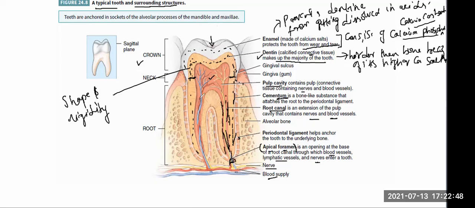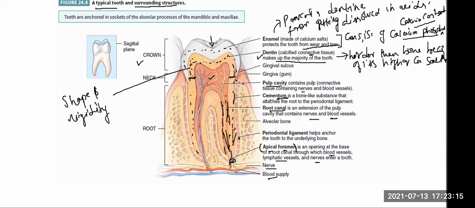If we talk about the tooth, what we have all discussed is this is the tooth, right? The upper visible part that you can see is your crown. This is your neck. Then the one which is below in the socket is your root, right? And most of the tooth is made up of dentin, and this dentin is covered with enamel, which is harder than bone.